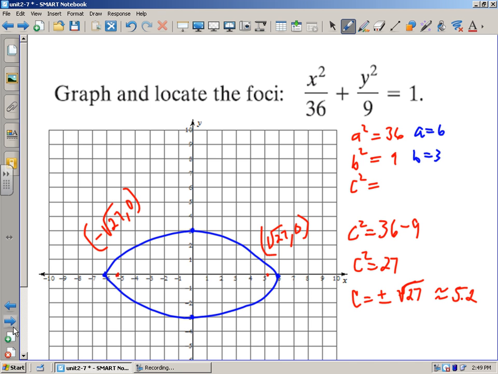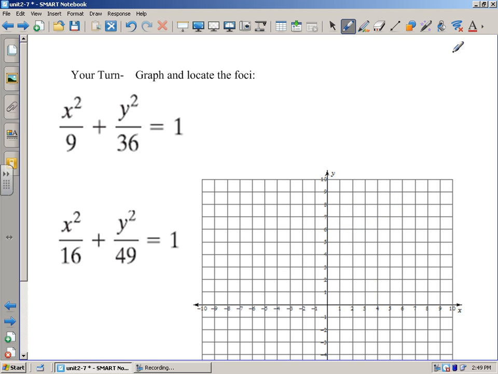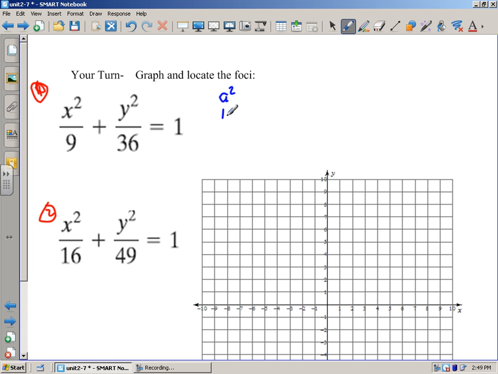Alright, so the last two examples, they've both been horizontal. Let me show you what a vertical looks like. Let's call this one 1, call this one 2. So in equation 1, we're going to figure out what's a squared, what's b squared, what's c squared. A squared is 36 because it's the bigger number.